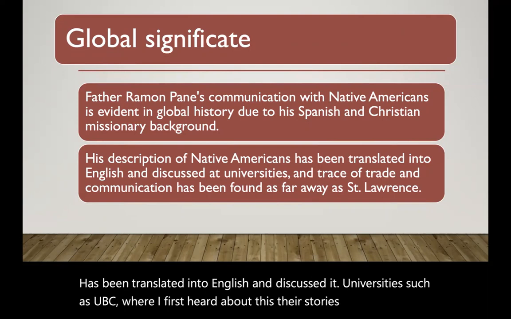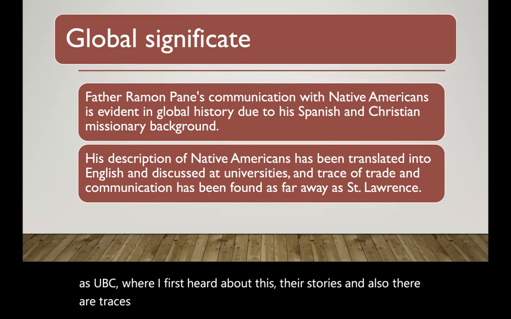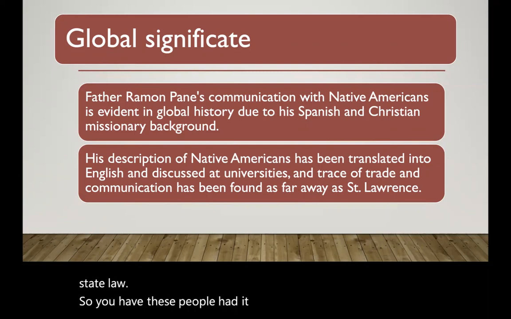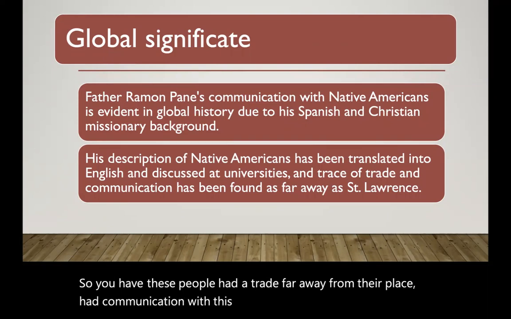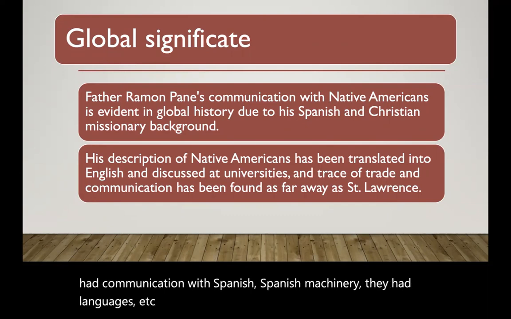And also, traces of trade and communication have been found as far as St. Lawrence. So yeah, these people had trading far away from their place and had communication with a Spanish missionary. They had language exchange with Father Ramon.